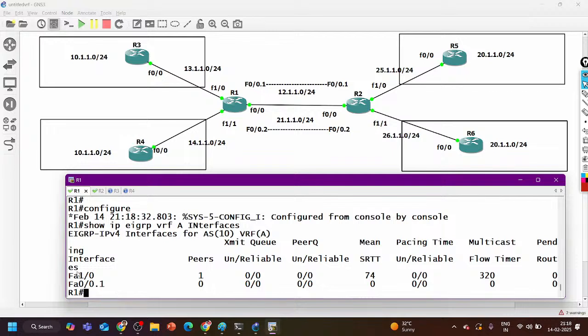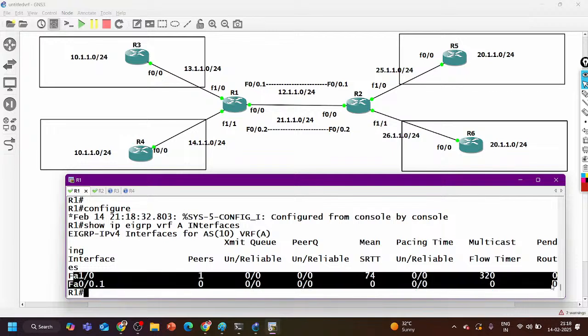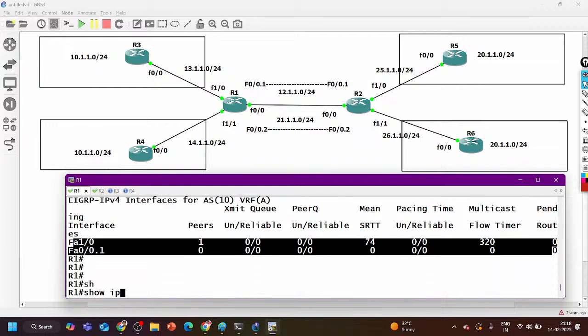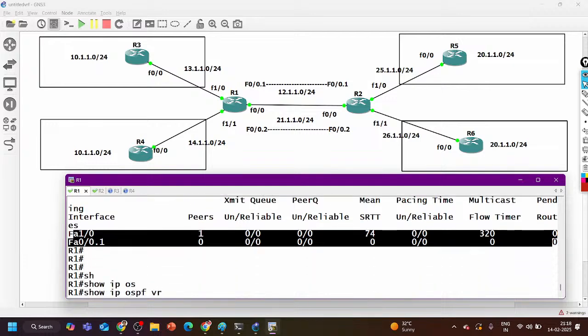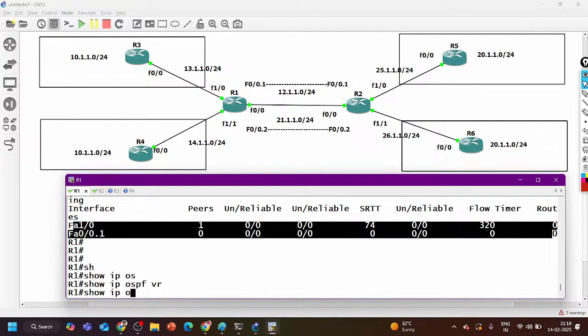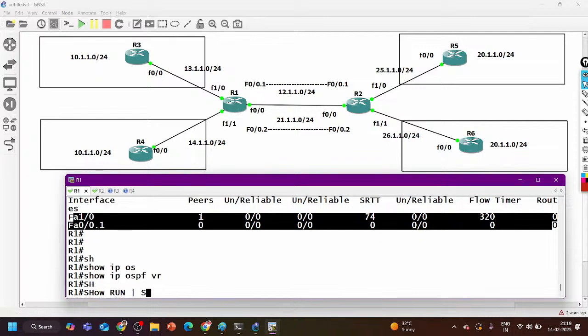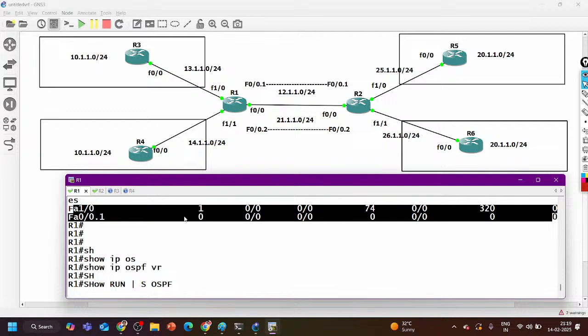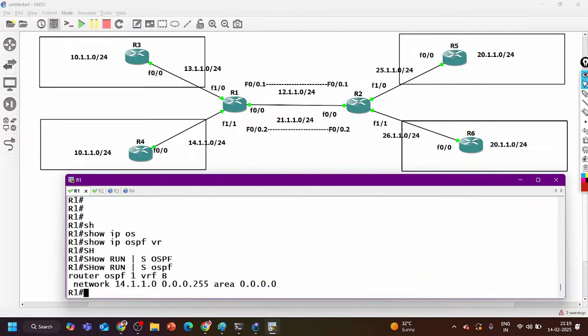Now you can see EIGRP is enabled on 2. And OSPF is, so IP OSPF VRF. Okay, this command is not working here, no worry. In OSPF I am running, I think, network 14.1.1.0. Then I have to add one more network command.